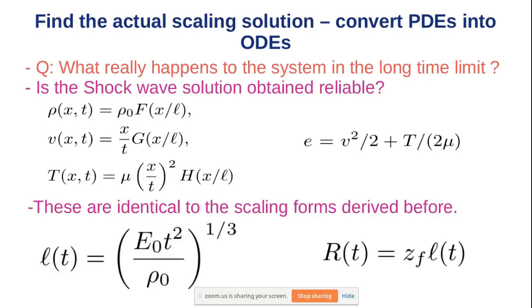Can you see this equation, E equal to V square by 2 plus T by 2 mu? Wait, I don't understand the units of this. What happened to rho? How can v square by 2 be E? Because that's not energy density.